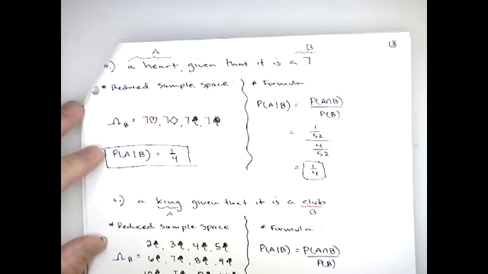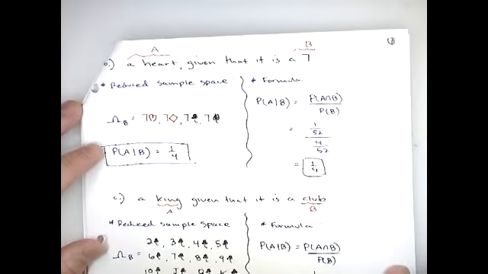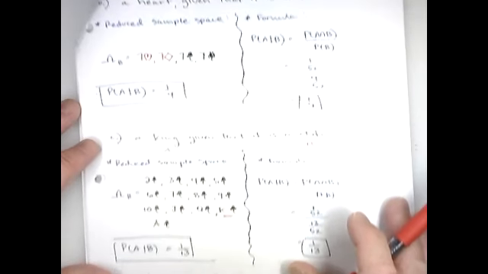How about the probability that we get a king, given that it is a club that we drew? If you want to pause the video and see if you can work out that probability either way, either using the reduced sample space or the formula. Okay, so here's my solution.